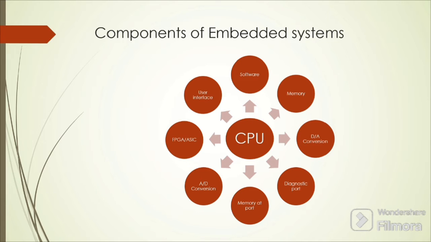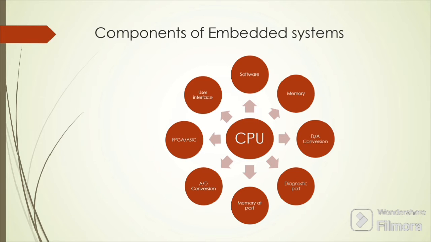We can store the data in this memory. And FPGA is a field programmable gate array. There are different types of IC chips used in this FPGA, and this is the basic block diagram of embedded systems.